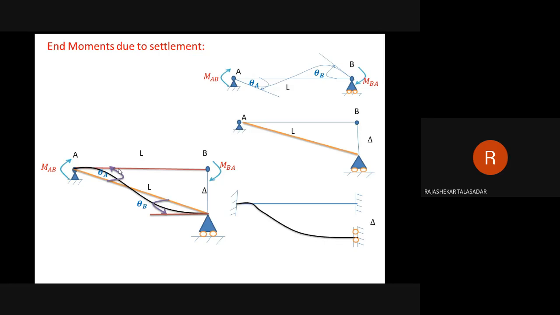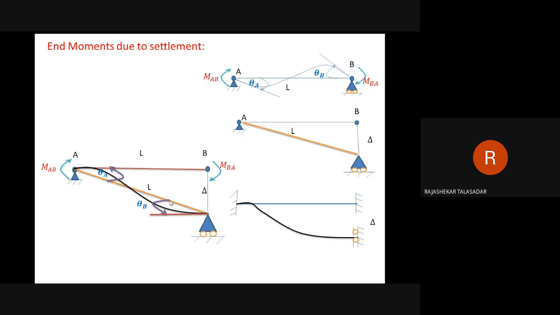But here, if you draw the tangent at this point, the tangent will come like this with respect to this delta. When you give delta, the deformed curve will be this one. If you draw the tangent at this point, it goes like this. That is horizontal. Then from here, this is the original axis because settlement has taken place. Then to the tangent, this is anti-clockwise.